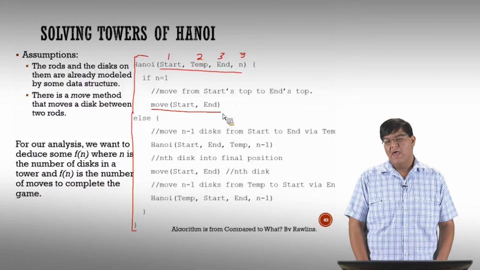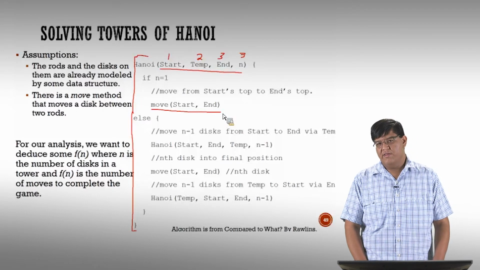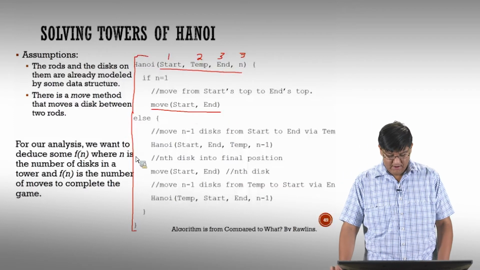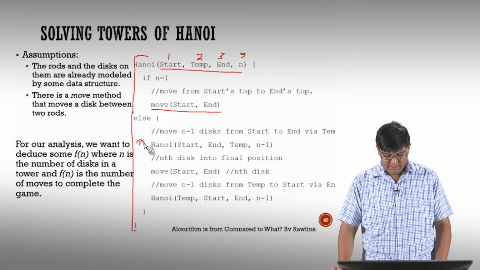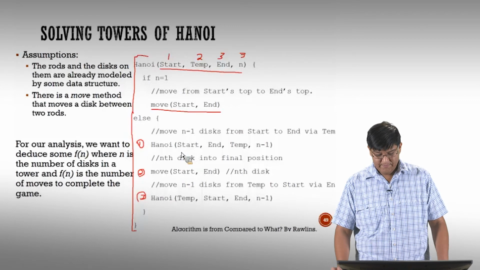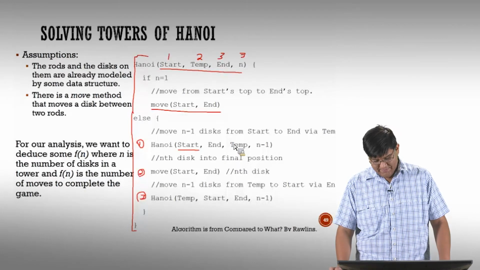Everything is good. Else, n is greater than 1, so it's at least 2, and I need to do a little bit more work. There are 3 steps in here that we talked about when we did the trace by hand of how we'd move things along. The first line is going to move n-1 disks from the first tower to the temp tower.